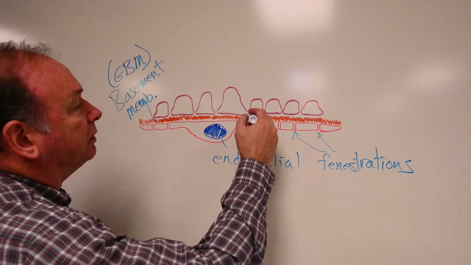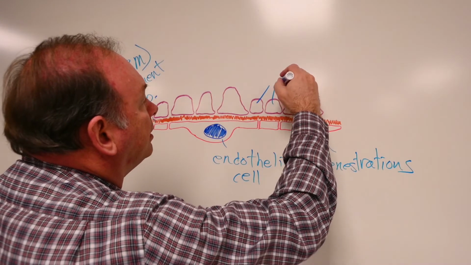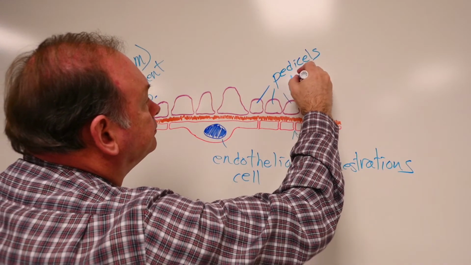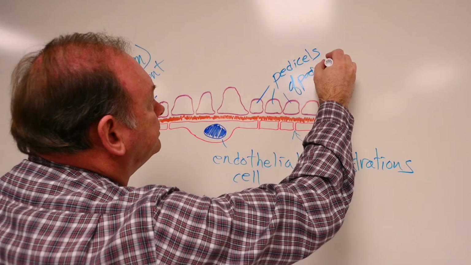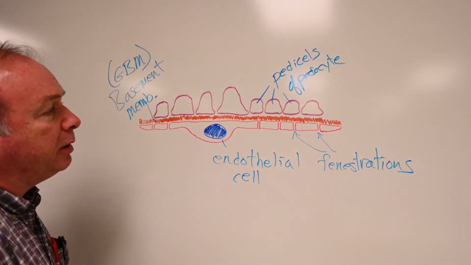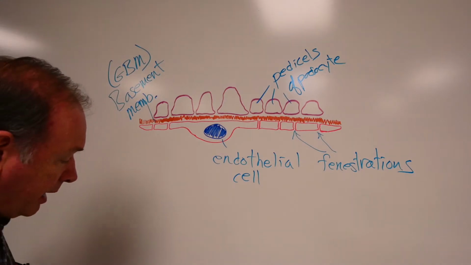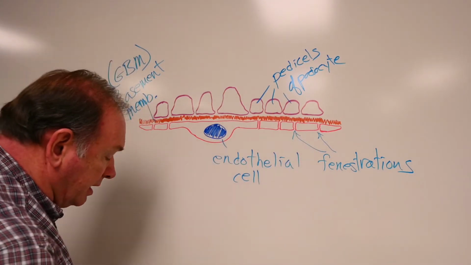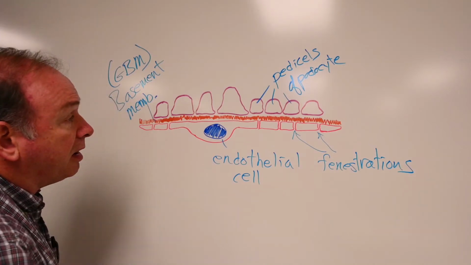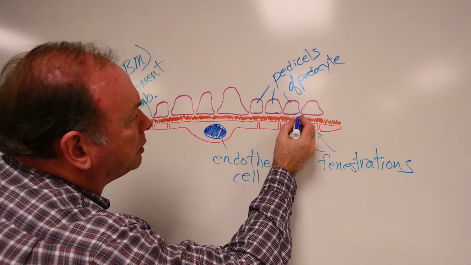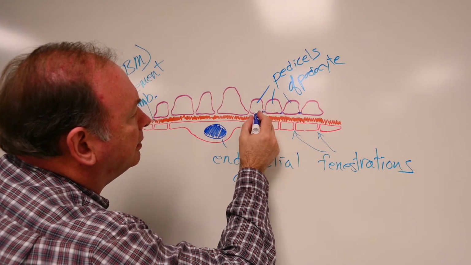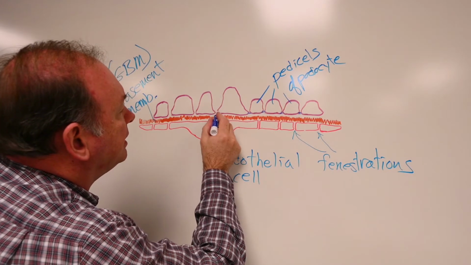So these are pedicels of a podocyte up here. And between those little pedicels, between these little foot processes, there are some special proteins that form an interlacing grid pattern.